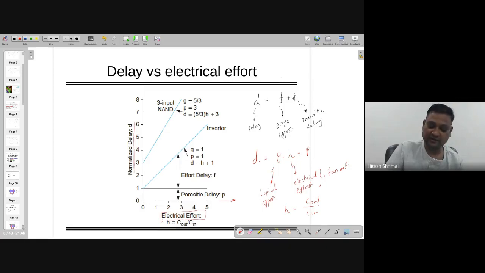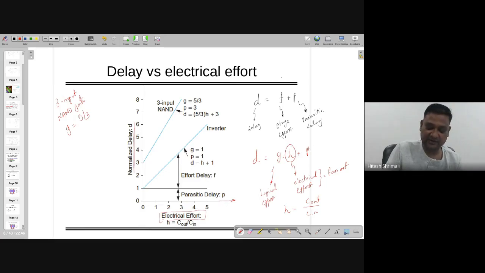So it's governing this equation. For right now, without deriving this, I'm just telling you that for a 3 input NAND gate, assume for just one slide that G equals 5 by 3, which is the logical effort. And electrical effort H is already known to us because it's on the x-axis.